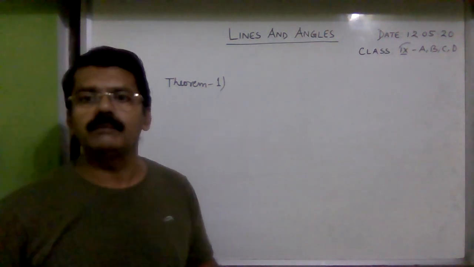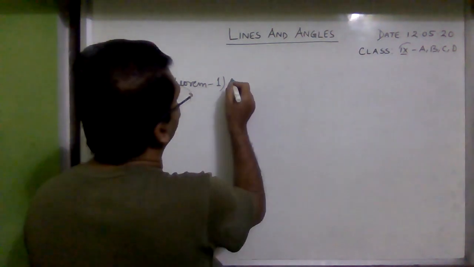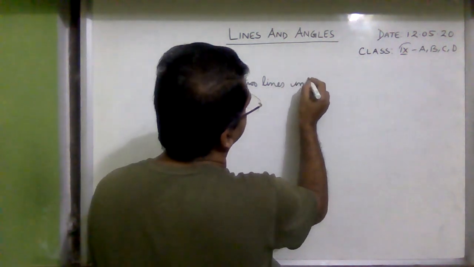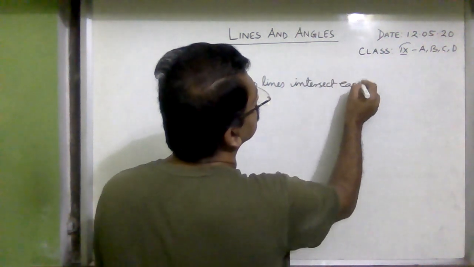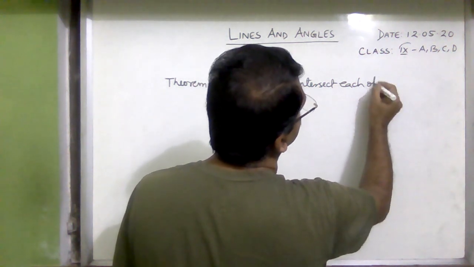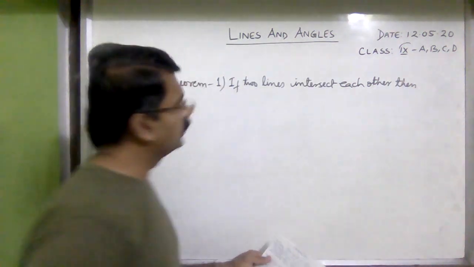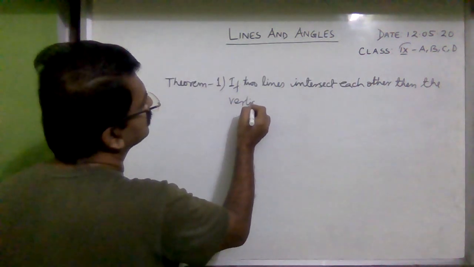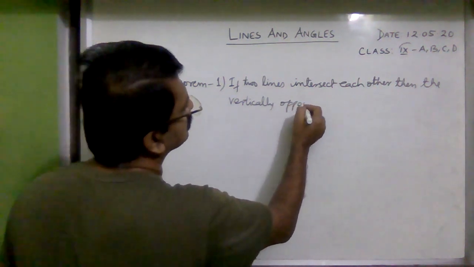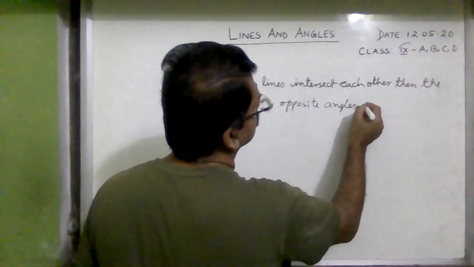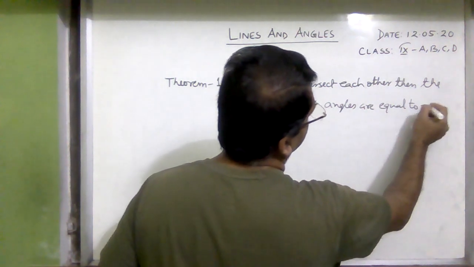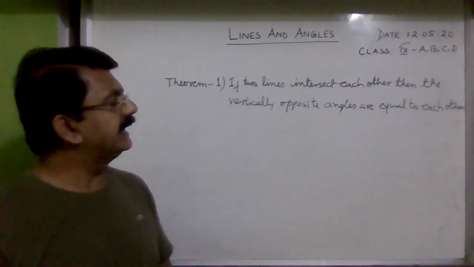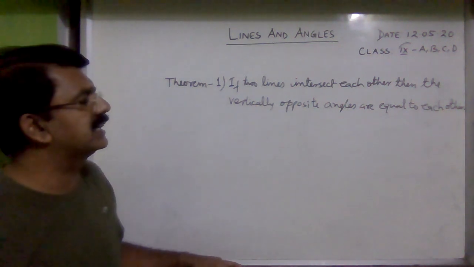I'll tell you one theorem, and the theorem is: if two lines intersect each other, then the vertically opposite angles are equal to each other.